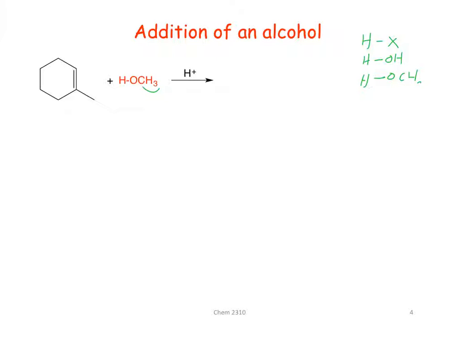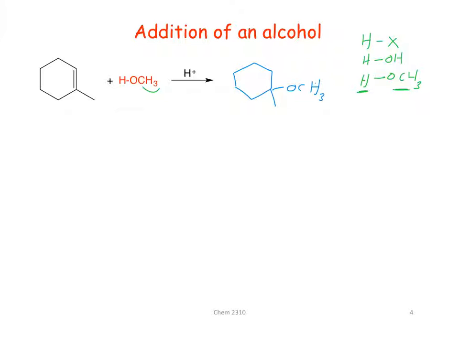So OCH3. So we're going to add H to one side, OCH3 to the other side. All right, so we can just predict the product, follows Markovnikov's rule. We put the H out on the end, and we get OCH3 right here.